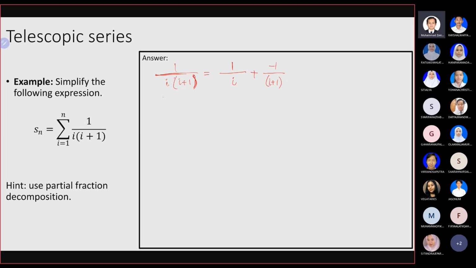So in this case, we have that Sn is equal to the sum of i equals 1 to n of 1 over i times i plus 1. So that is equal to the sum of i equals 1 to n of 1 over i minus 1 over i plus 1.